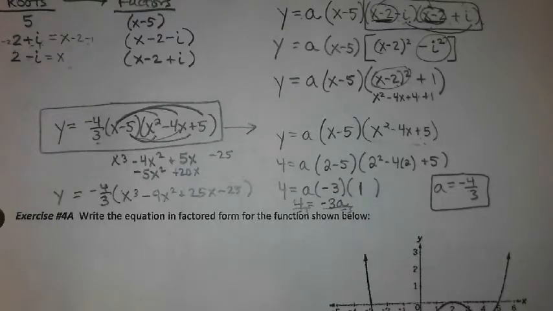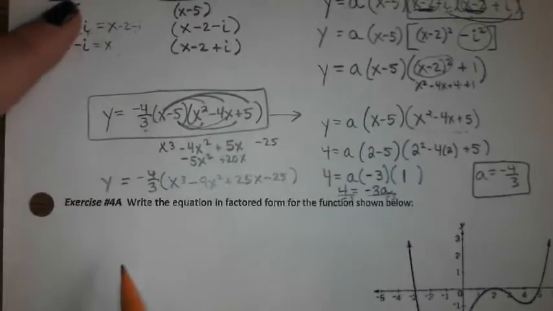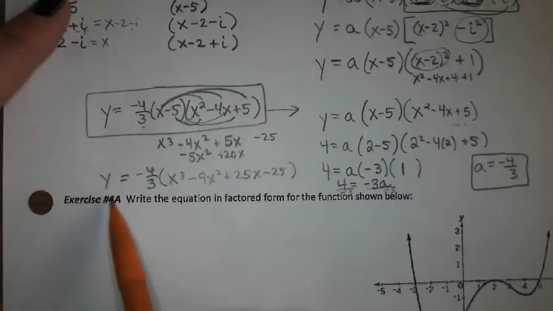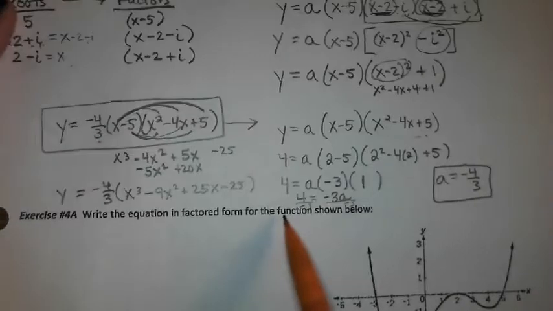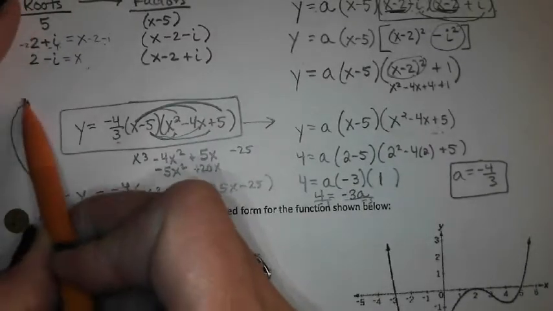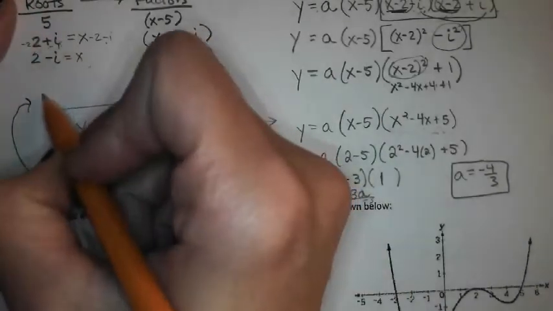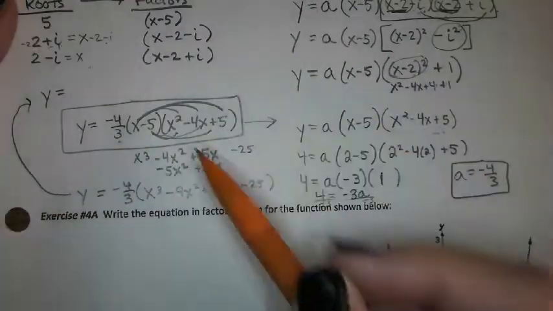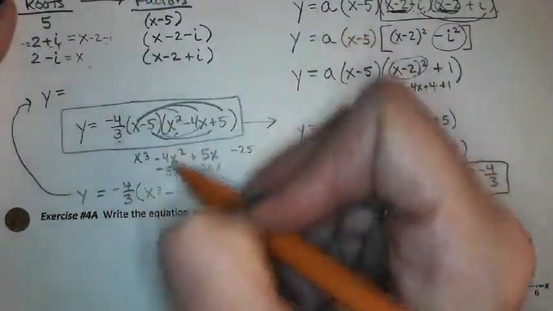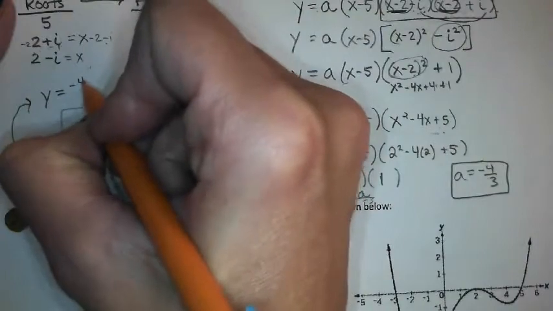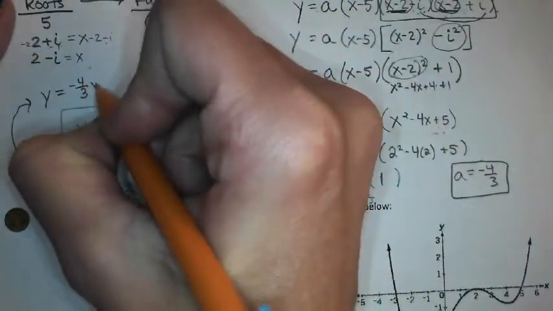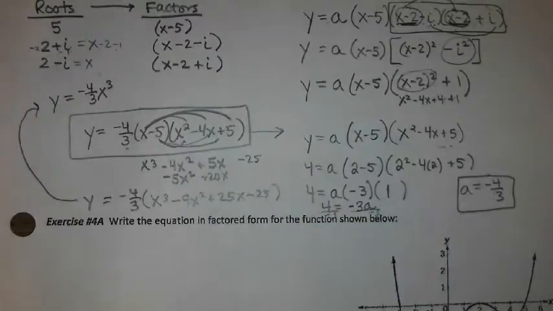And then now distributing the negative 4/3 is not terrible, okay? I'll go up here because it's the only place I have room. I'm just about done. If I distribute my negative 4/3, negative 4/3 times x cubed is just what I said, negative 4/3 x cubed. What's negative 4/3 times negative 9?